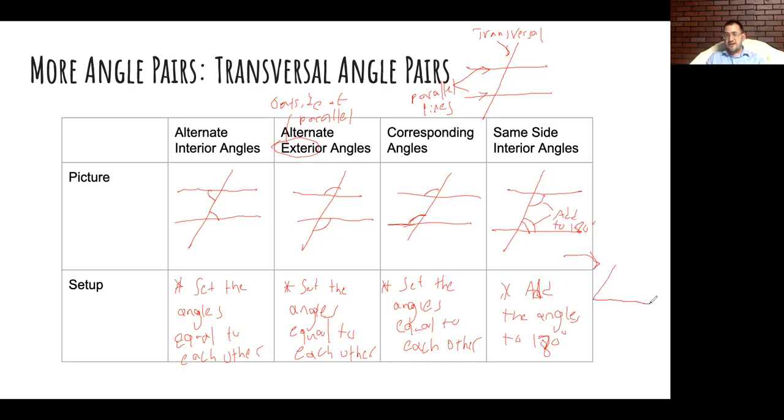So if we have a parallelogram, for instance, we could say that the two angles that are on the same side are same side interiors. So this is where you're going to see same side interiors manifest itself. They're also called consecutive angles as well. So you'll see that some textbooks call them consecutive.